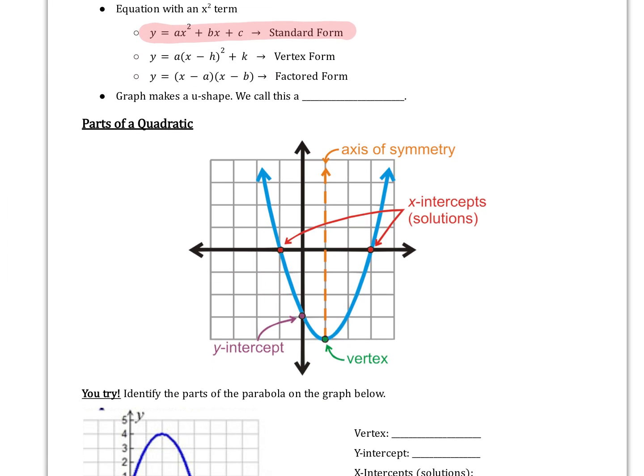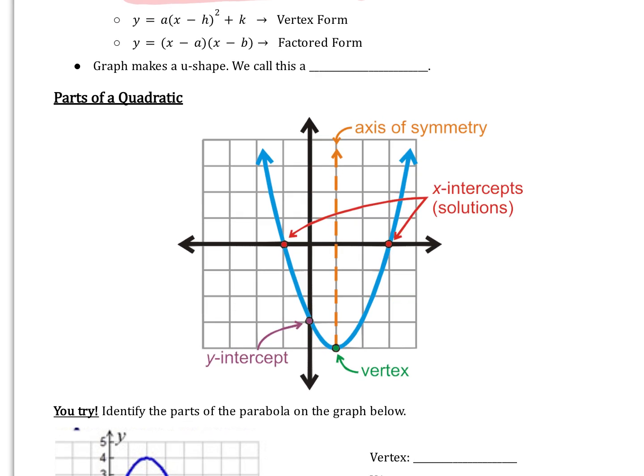All right, so just to recap, you need to know where your vertex is. The very first thing you always start with is finding your axis of symmetry. You're going to find opposite B over 2A. Actually, let me put that here.